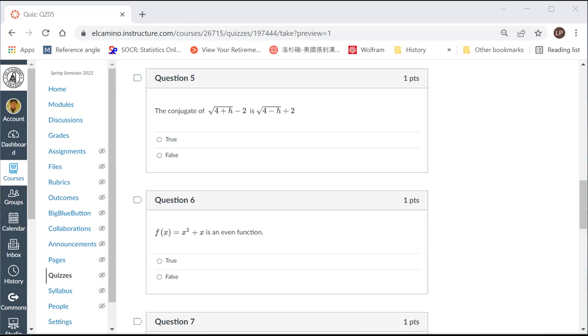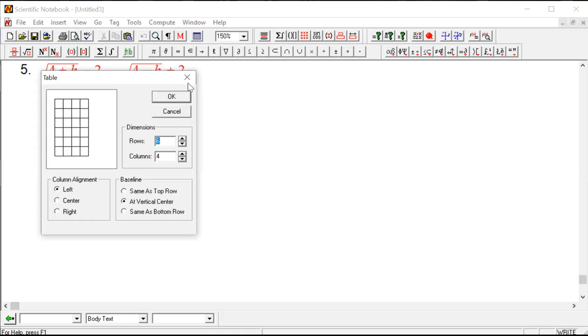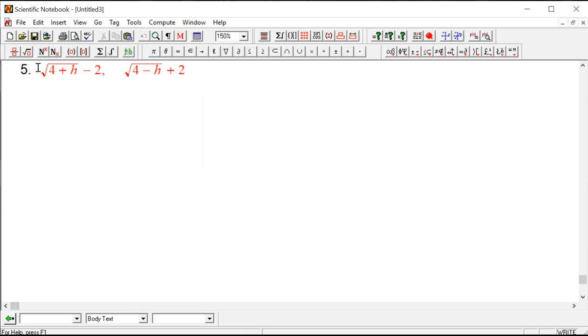Okay, let me just make sure I copy the question correctly. Yes, I did. Okay, so let's share that. Are they conjugates to each other?